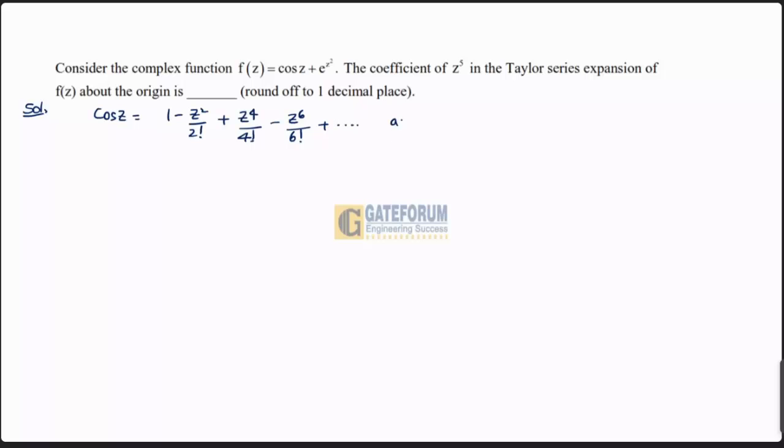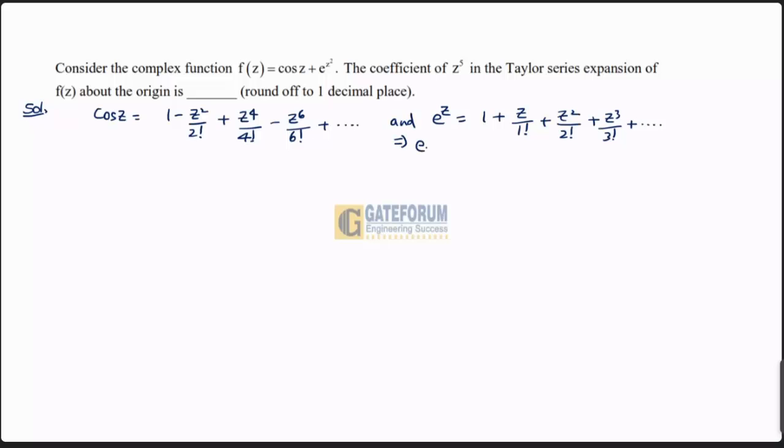And e power z is equal to 1 plus z by 1 factorial plus z square by 2 factorial plus z cube by 3 factorial plus so on.